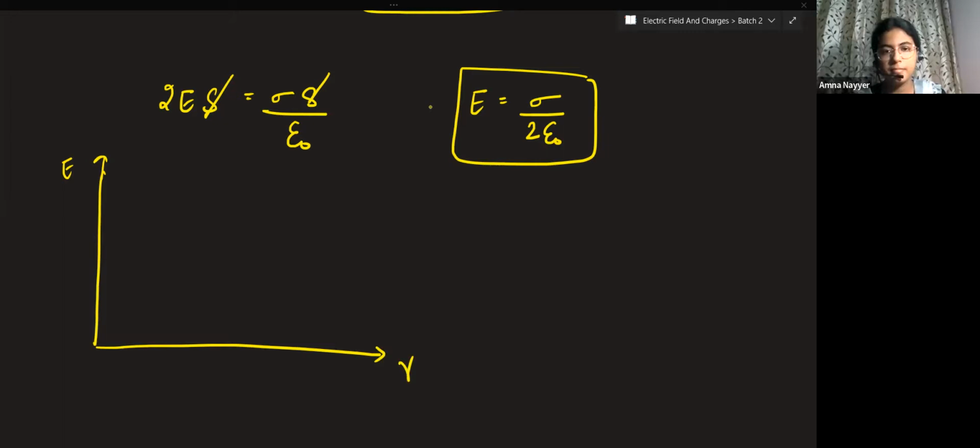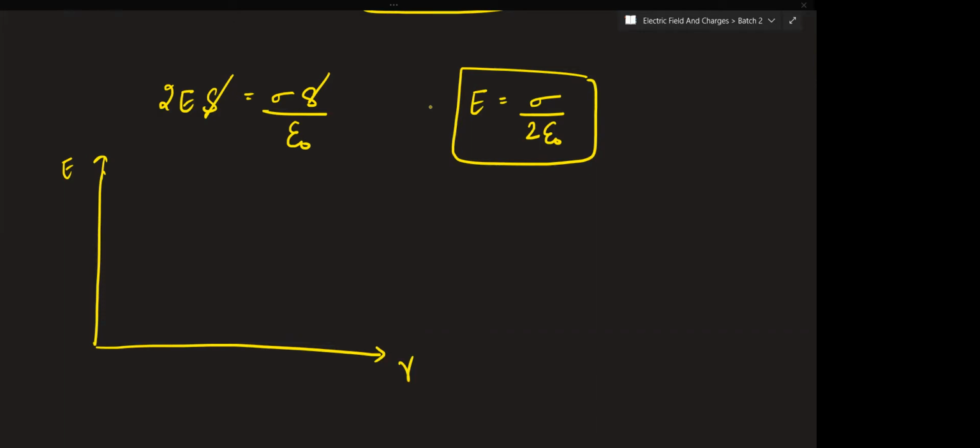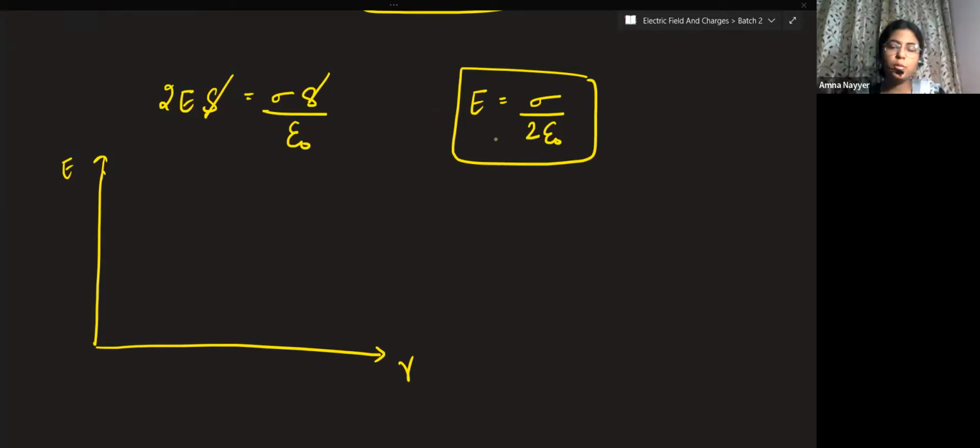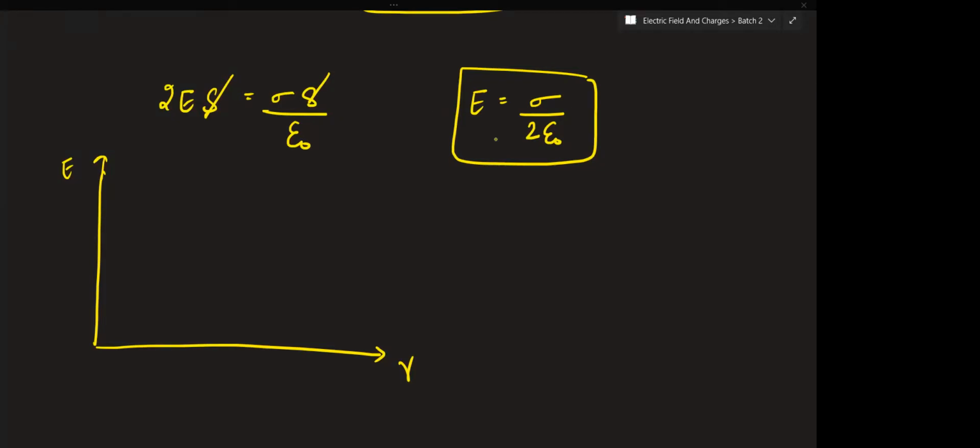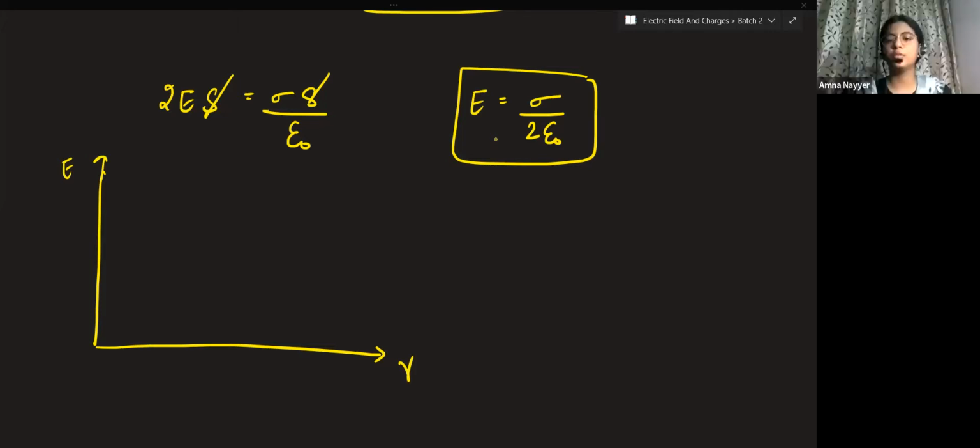Hamza? Ma'am, it is inversely proportional to. Just check this formula now. It's not proportional. See, it's independent of distance now.